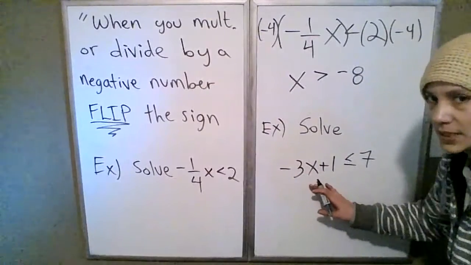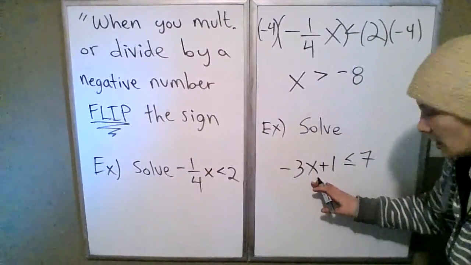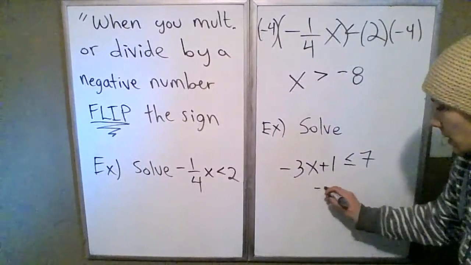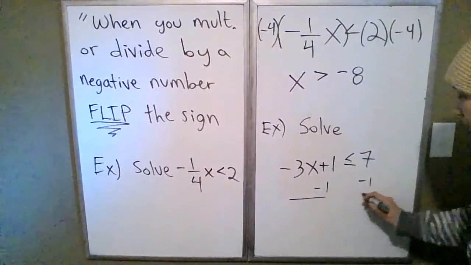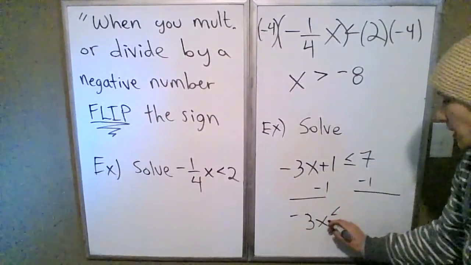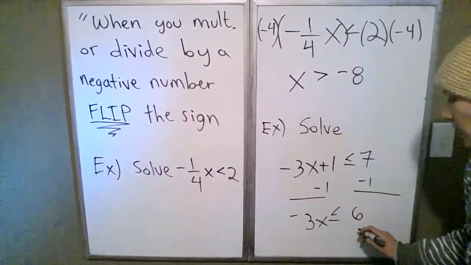I'm just going to start working with this. So let's get these numbers together by subtracting 1 on both sides. -3x is less than or equal to 6.